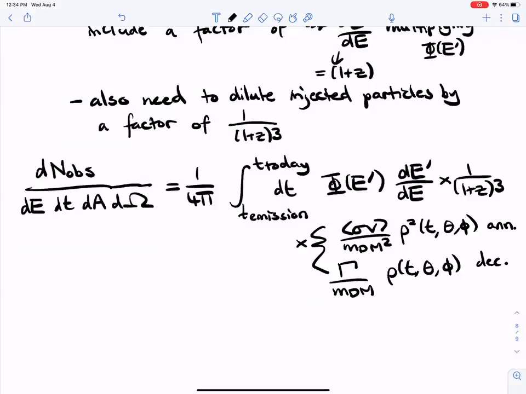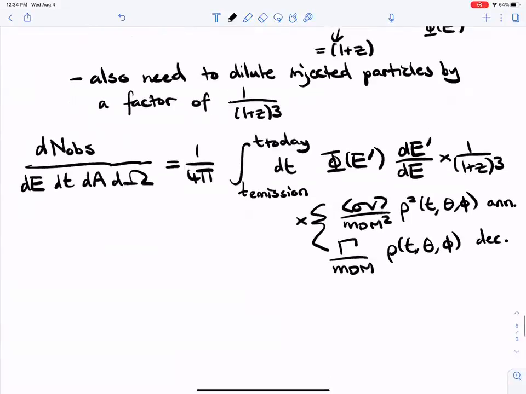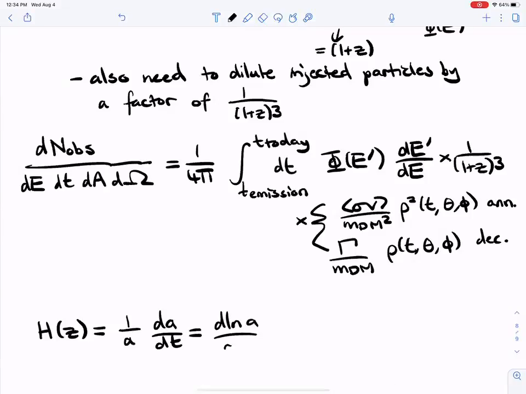Now, this is a valid result, but it's often easier to write this as an integral over redshift, not an integral over time. To do that conversion, we can note that h of z, the Hubble parameter, is 1 over a da by dt, which we can rewrite as d log a by dt.